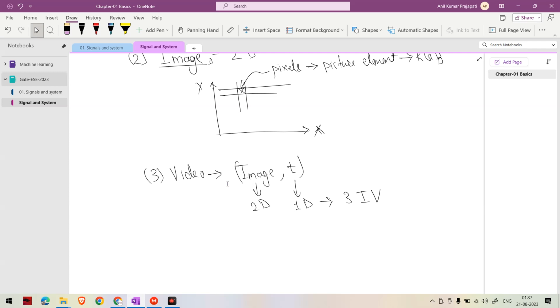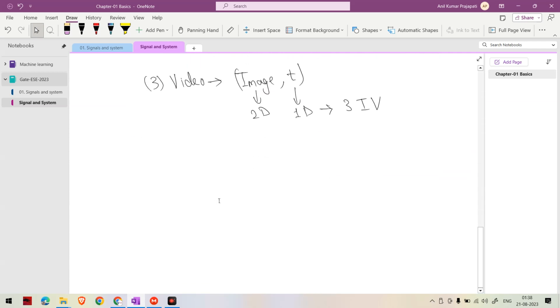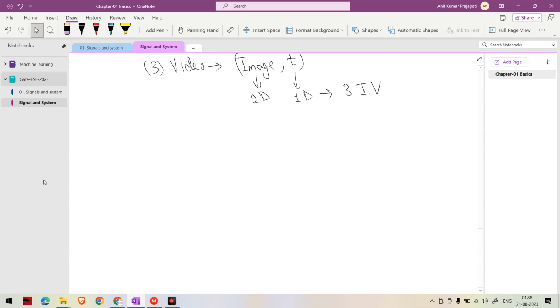There are a few characteristics of a signal that you should know. One is the bandwidth of the signal. In order to know the bandwidth of the channel, we should know the bandwidth of the signal. So the bandwidth of the signal is an important parameter. We will study all this when we study the Fourier transform.